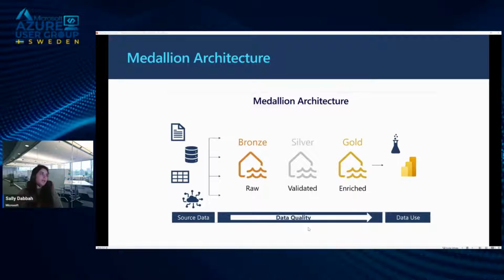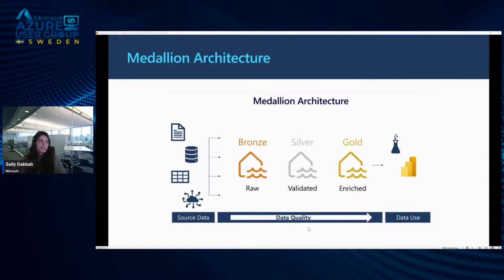So I'll go quickly over the medallion architecture. Sorry, I forgot to share the slides before the demo. I just wanted to say that this is the best practice that Microsoft recommends. Imagine that you have source data. It doesn't matter if it's a file, SQL, tables, or any big data. Usually, data lands in a bronze layer, which contains raw data.